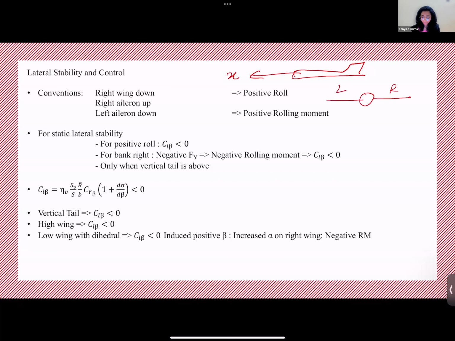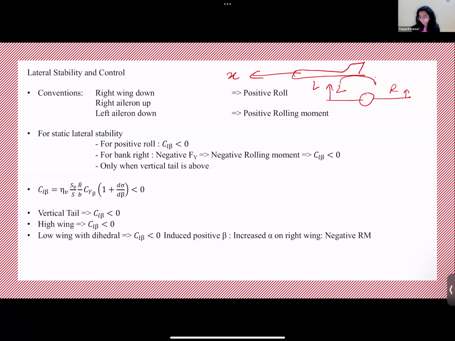If I deflect my right aileron up, the lift on the right wing will increase or decrease? Decrease. And the lift on the left wing will increase.